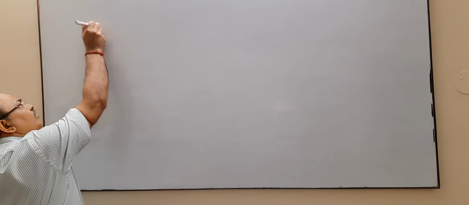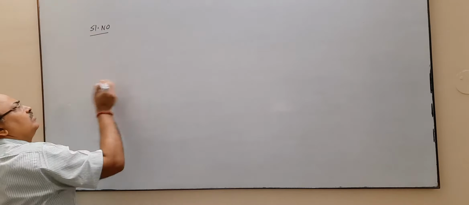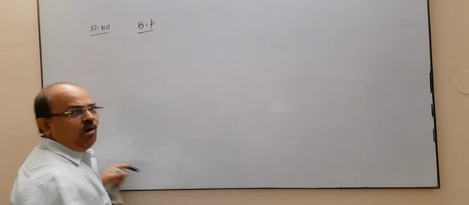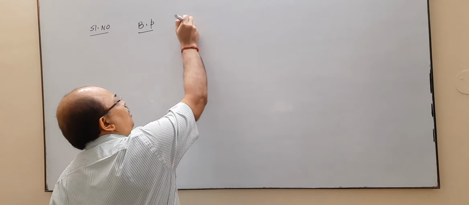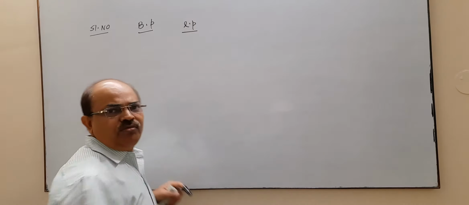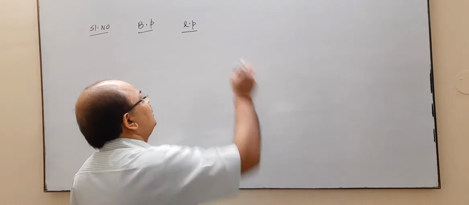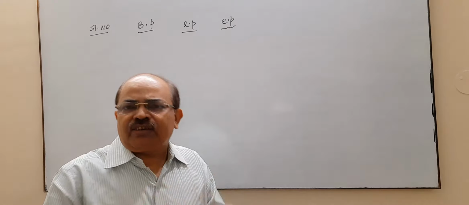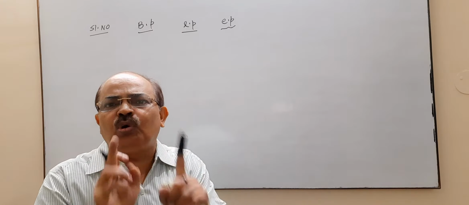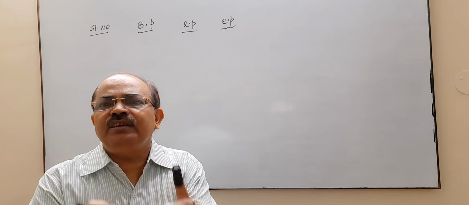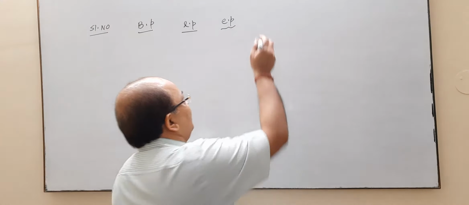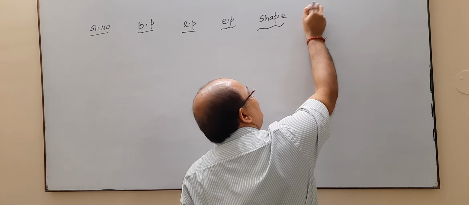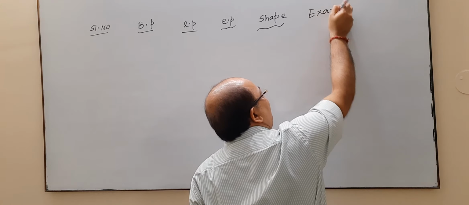This is your serial number. This is the number of bond pairs. This is your number of lone pairs. This is your sum of electron pairs. Electron pair means both the lone pair and the bond pair. Next is the shape, and the last one is your example.